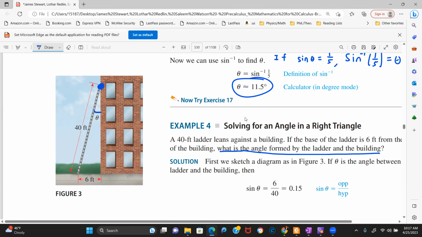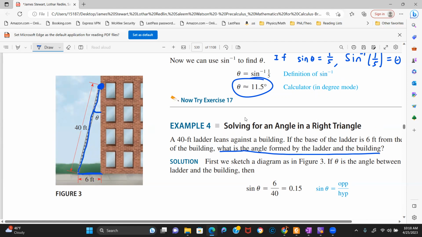And again, we're just going to use the sine function because if we're standing here, then the side opposite to this point right here is this side, which we know is 6 feet. And this side right here is going to be the hypotenuse.